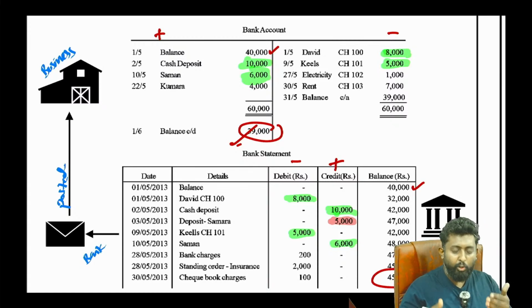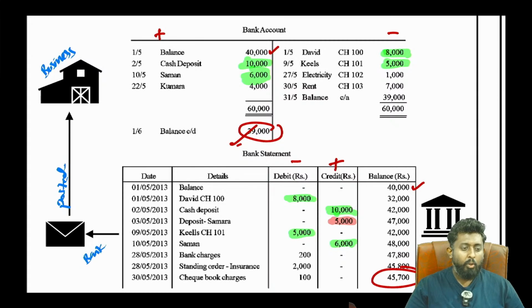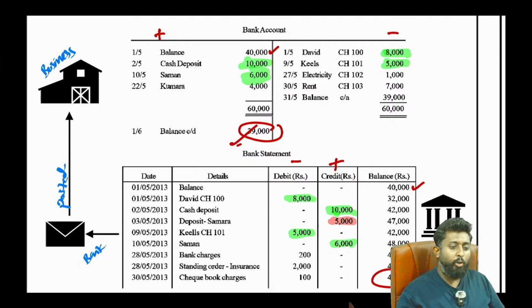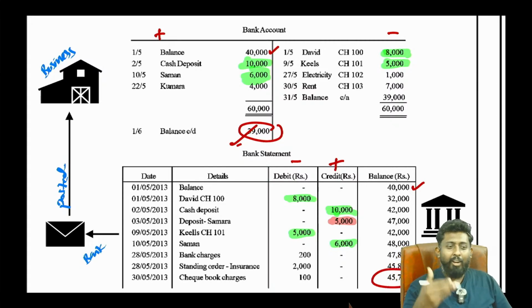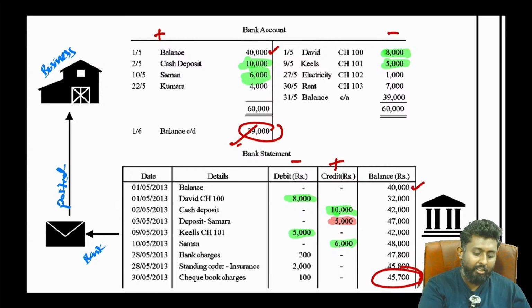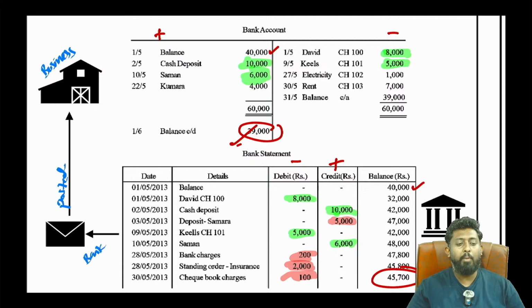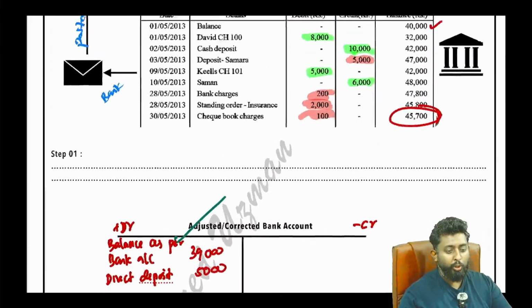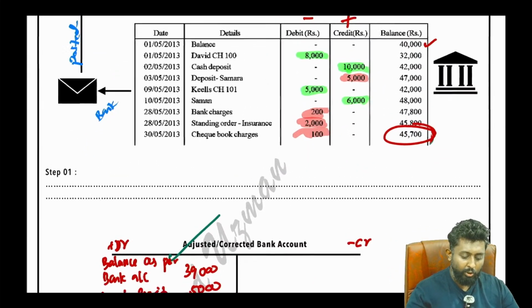All these three, the bank has minus. Everything was omitted in our bank account. We haven't recorded them, so we have not minus those things; only the bank has minus. So what should we do? We should minus those three things.